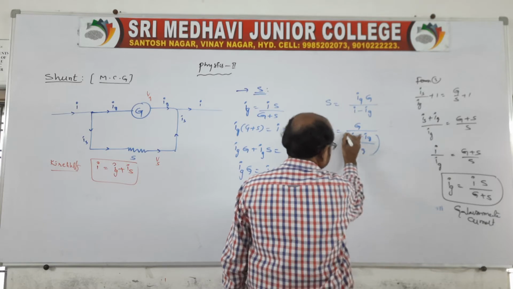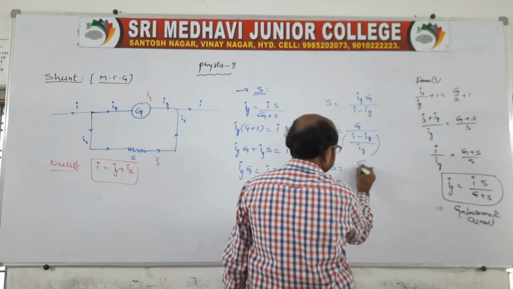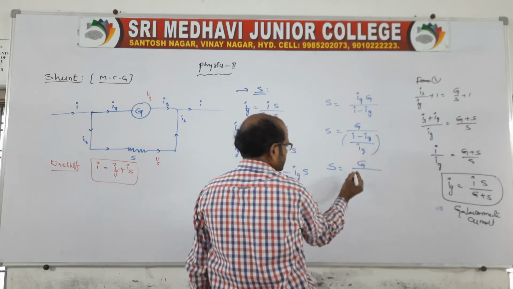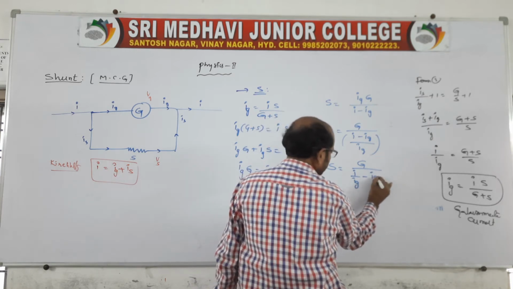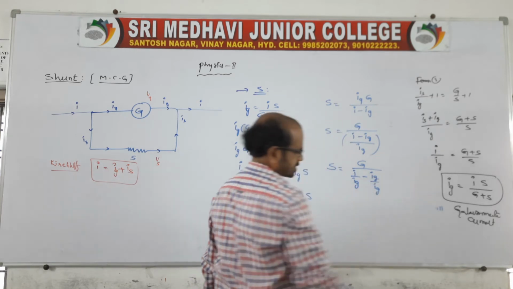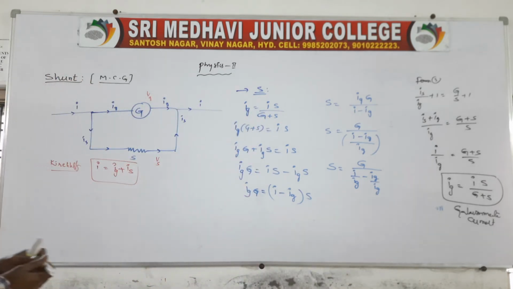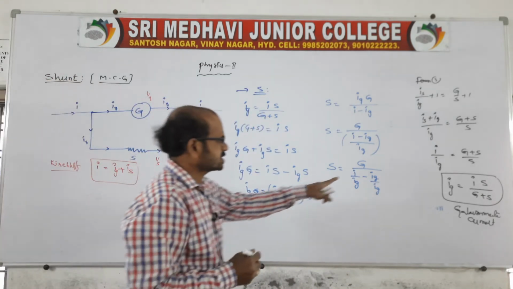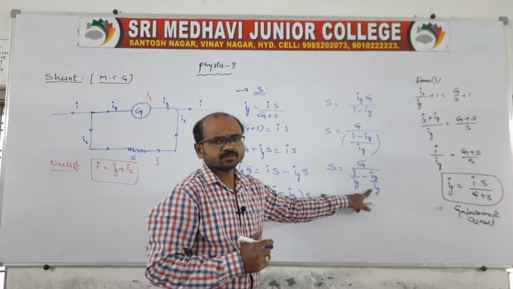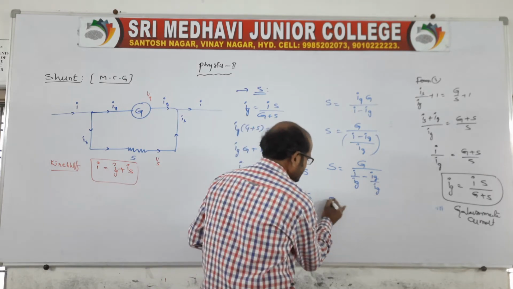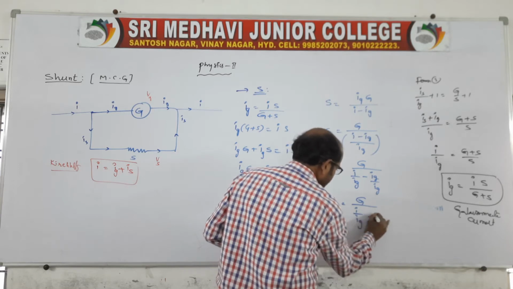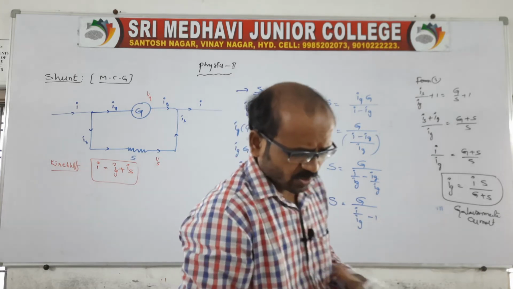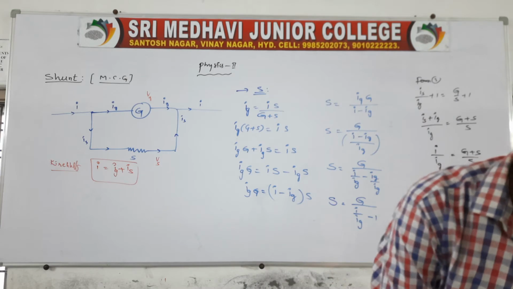Therefore the shunt resistance is G by I by Ig minus Ig by Ig. Ig cancels, so we get capital S is equal to G by I by Ig minus 1. This is the shunt resistance.